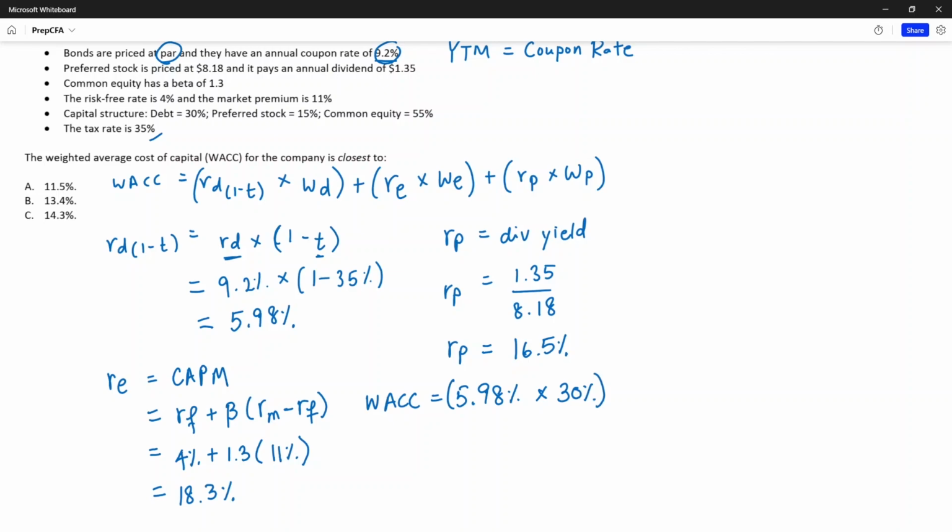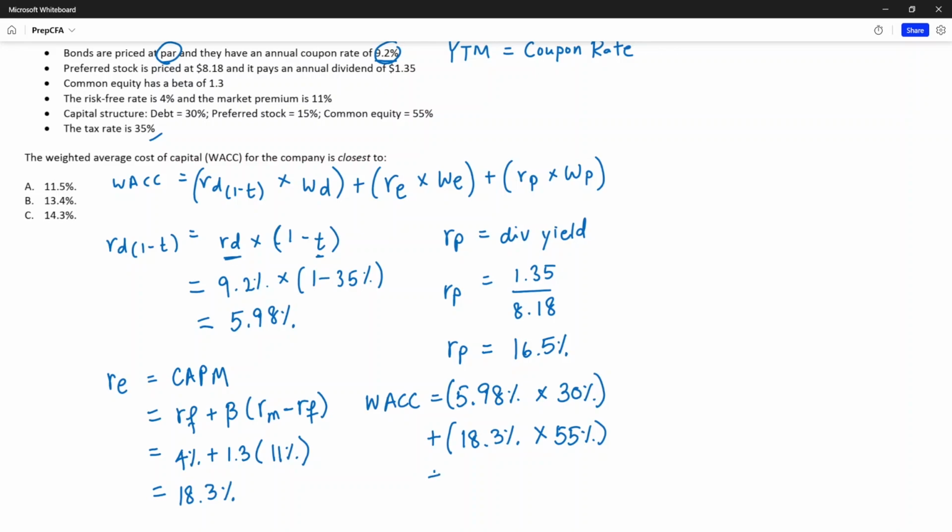Then we're going to add the cost of common equity, which we found out is 18.3%, times the weight of the common equity, which is 55%.